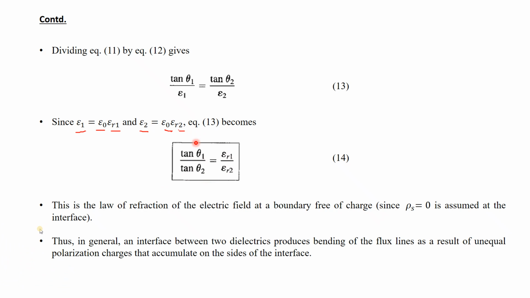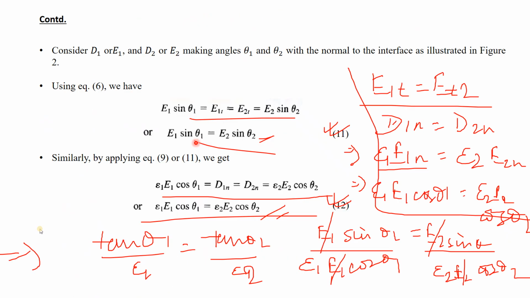So the conclusion is that the ratio of the tan of the two angles is equal to the ratio of the relative permittivity of the two dielectric media. This is the law of refraction of the electric field at the boundary, where the surface charge density is assumed to be 0 at the interface.